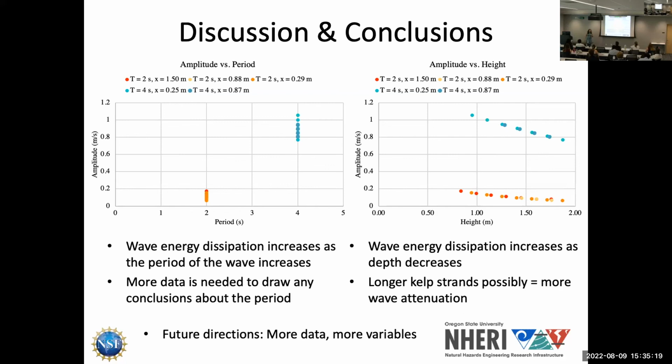They had different densities of kelp strands that they tested, things that were held constant in my research, and they also added weights on top to increase the draft of the structure, all kinds of design modifications that is really what this methodology would be most applicable to. So that's an area of future research.